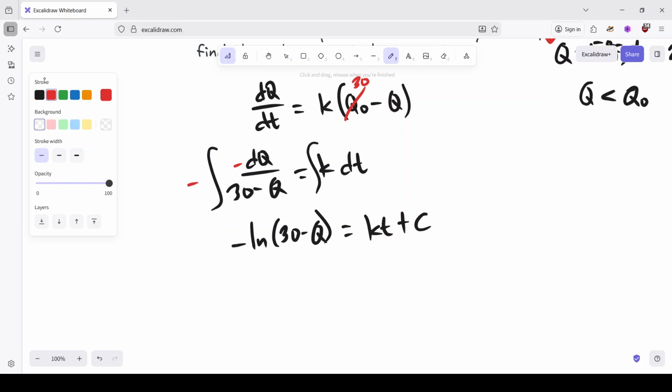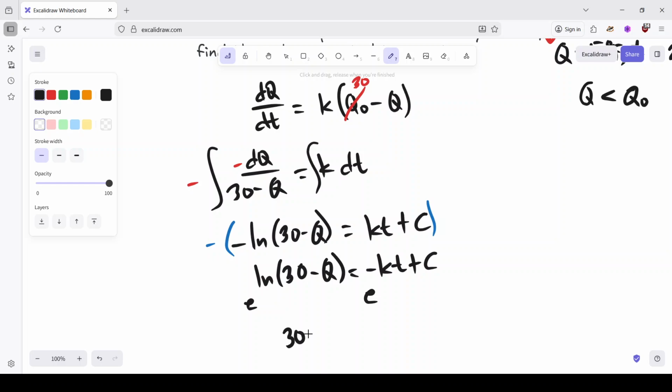So we multiply negative on both sides, and we will have ln of 30 minus q is equals to negative kt plus c. Okay, so to cancel ln, we make it the exponent of e. So e and ln will be cancelled. 30 minus q is equals to c1 e raised to negative kt.